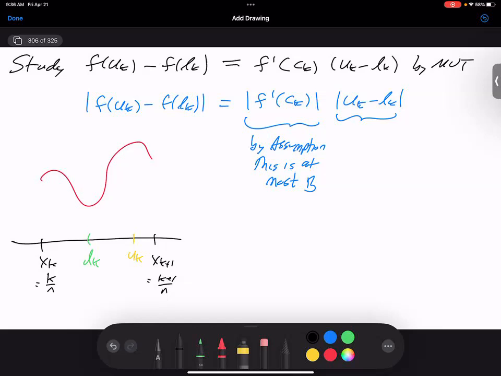So what's the maximum distance u_k and l_k can be from each other? 1 over n. So this is at most 1 over n, as each is in the interval from x_k equals k over n to x_{k+1} equals k plus 1 over n.